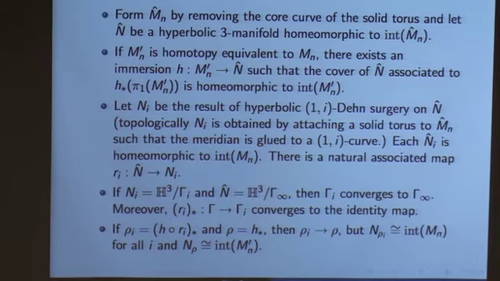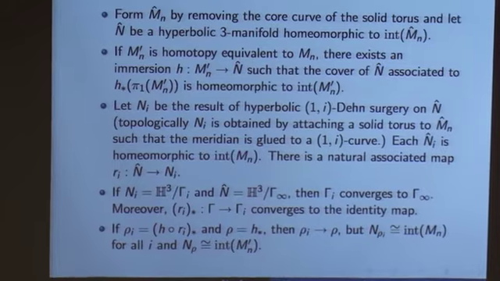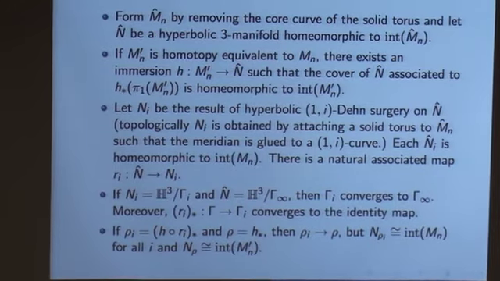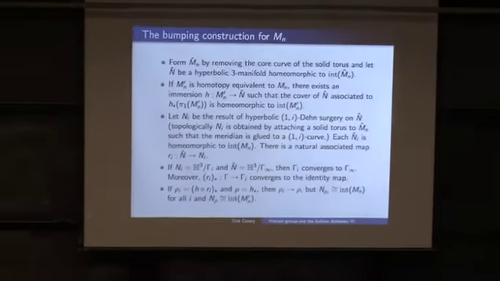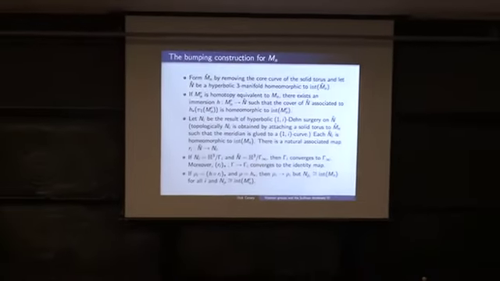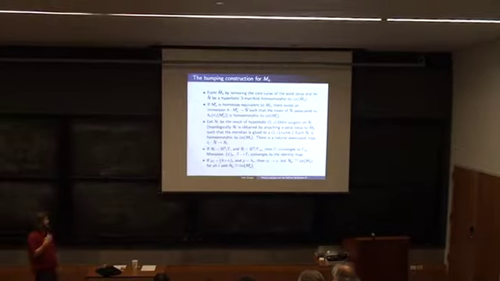The geometric limit is this drilled out manifold. So the geometric limit has a missing symmetric curve. Yeah, so the geometric limit is this manifold with the core drilled out. But if you take the associated algebraic limit, it's the subgroup associated to the immersion. Yeah.